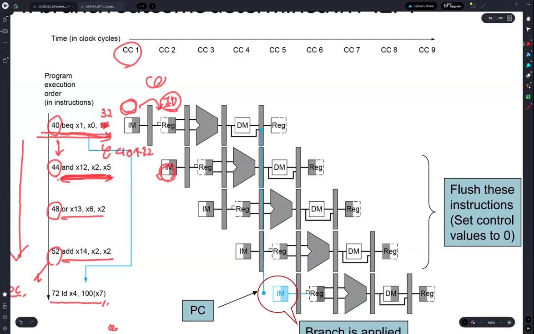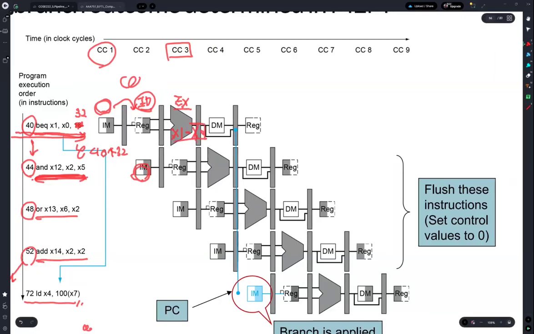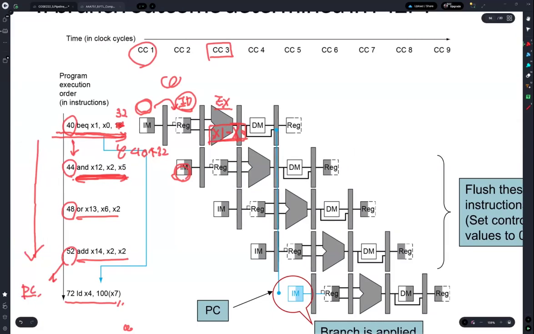In clock cycle 3, the branch instruction is in the execution stage. What is performed then? We need to perform x1 minus x0. When the branch instruction is executed, the ALU performs subtraction.